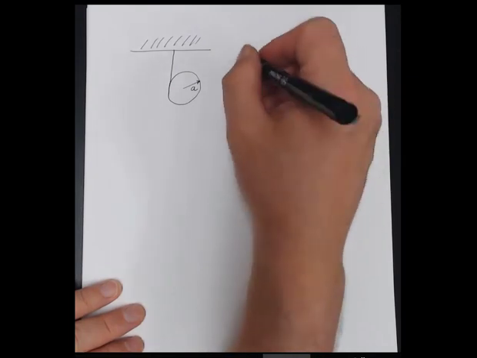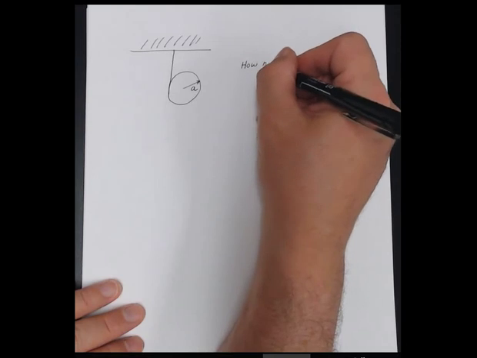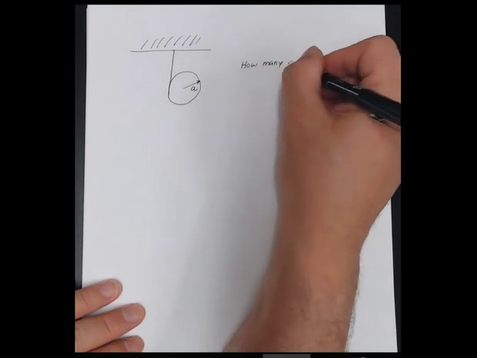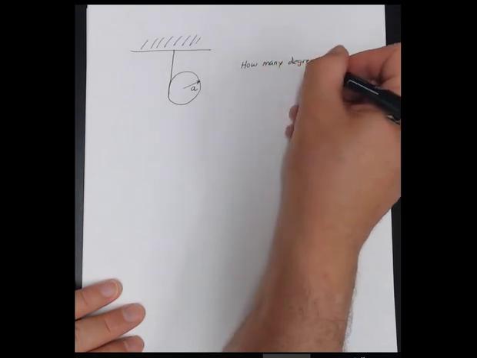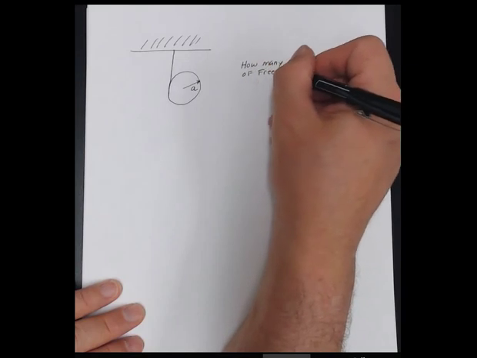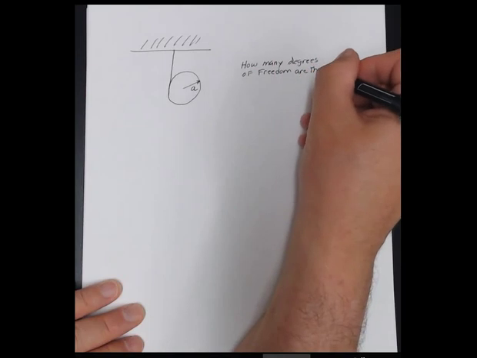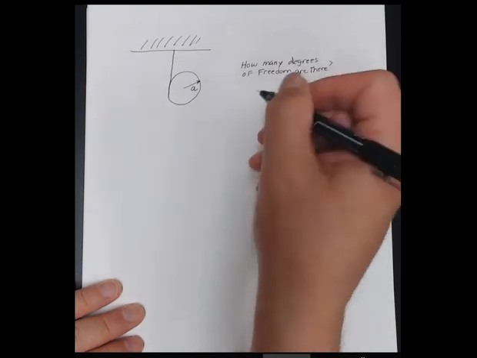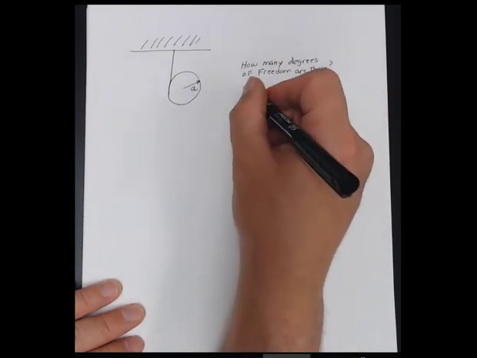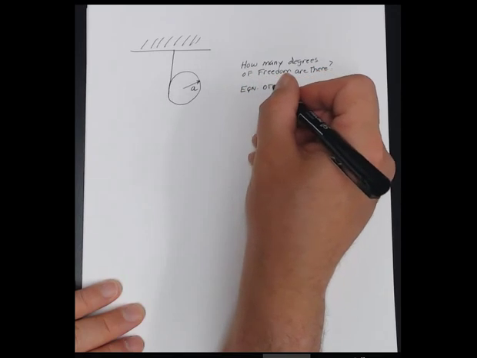So first of all, I want to know how many degrees of freedom are there? I want to know, could you write the equation or any equations of constraint?